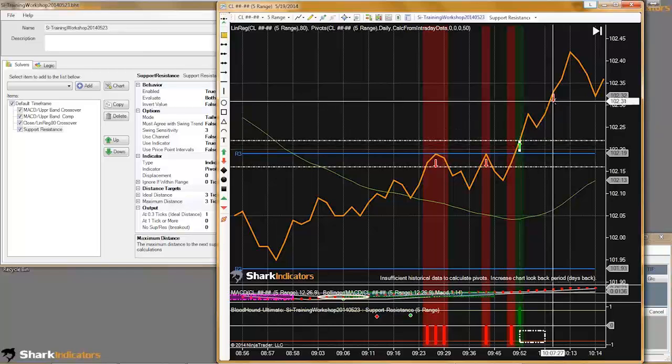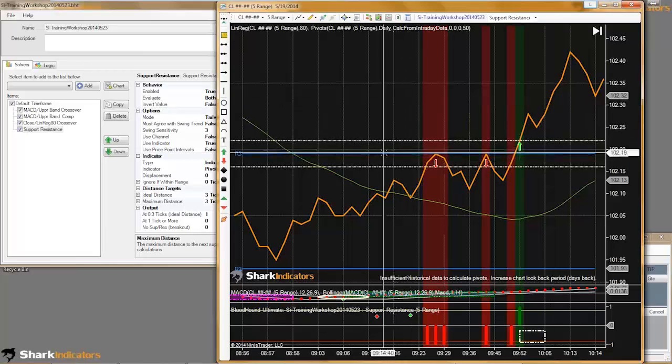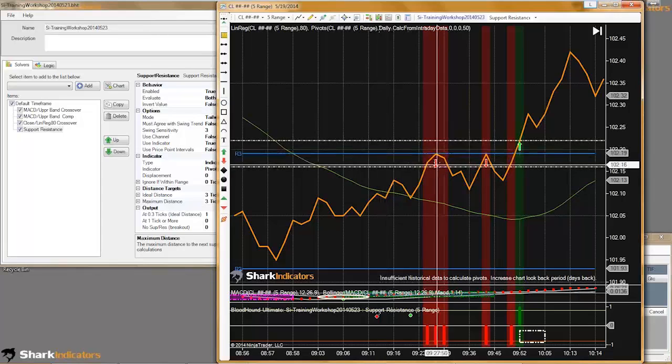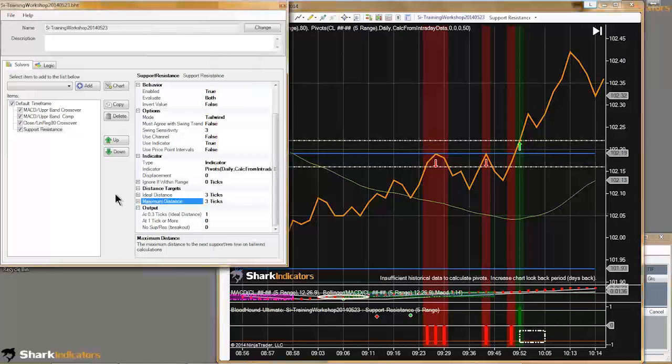So that's what tailwind is for. Tailwind essentially tells you when price gets really close to your support resistance lines, if you're looking for a bounce trade off of those.